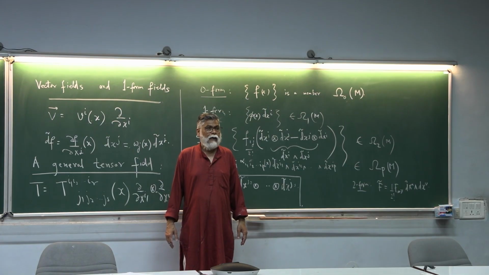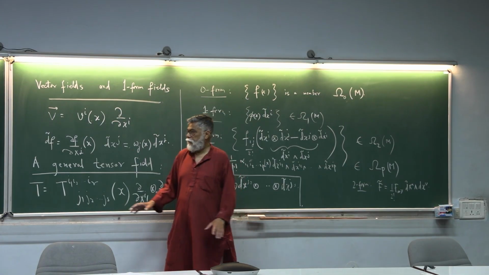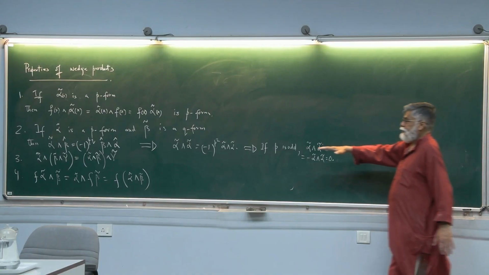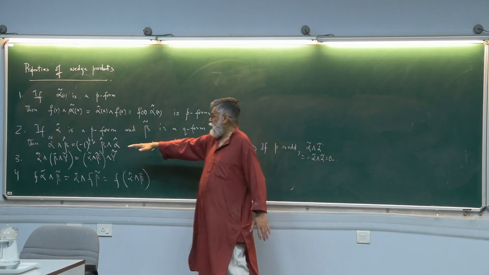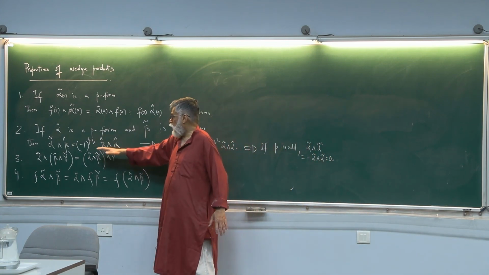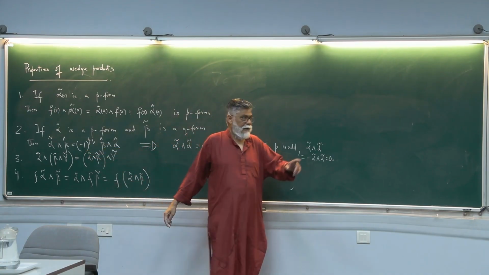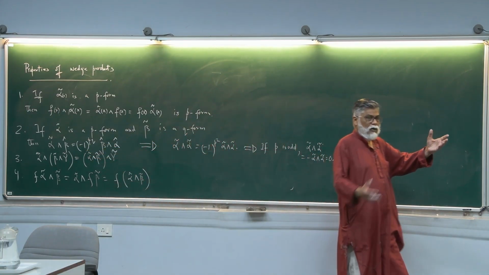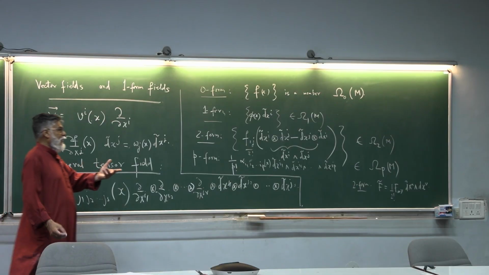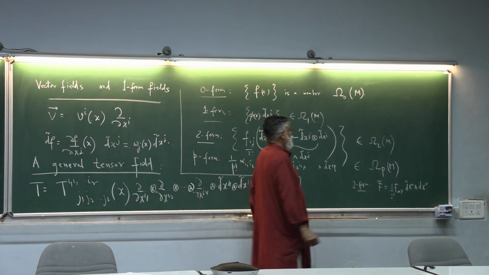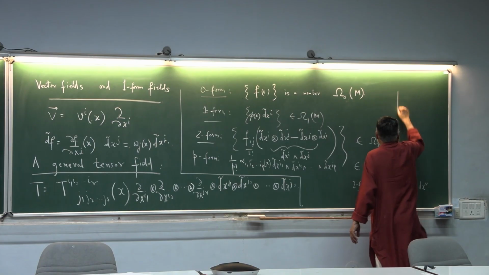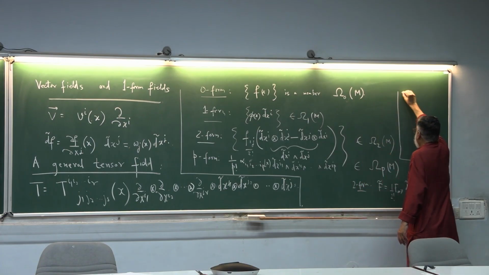What will be the form? This is the general result that alpha is a p form, beta is a q form. Then if you want to write it as beta wedge alpha, this is the general result. Now, it's always better to take examples. So you give me the value of p and q and let's see what we get.